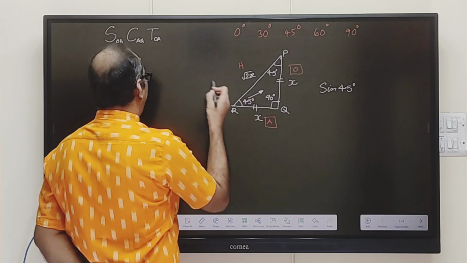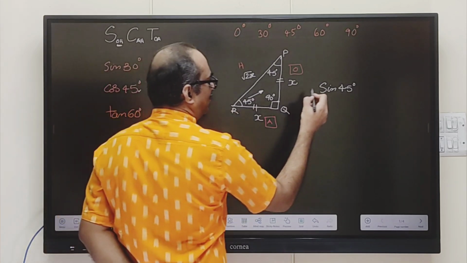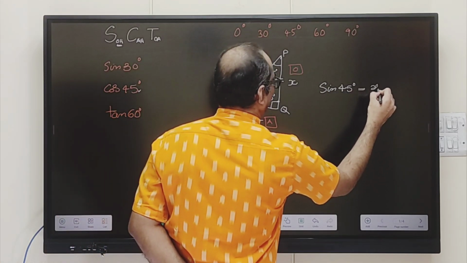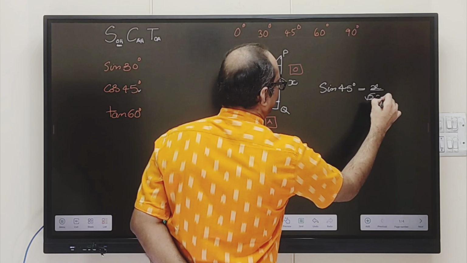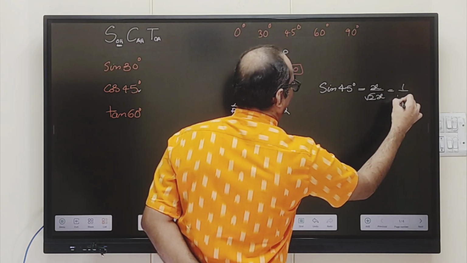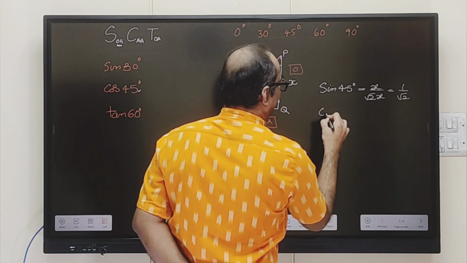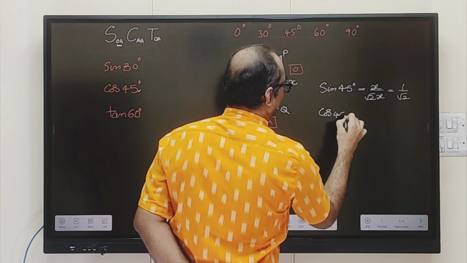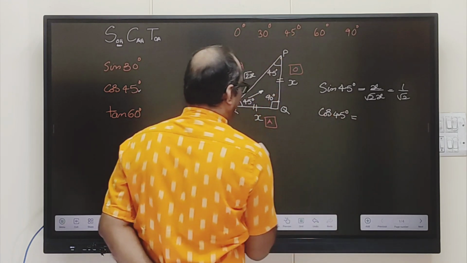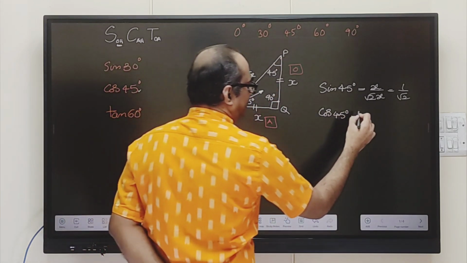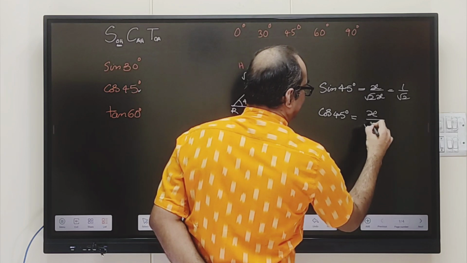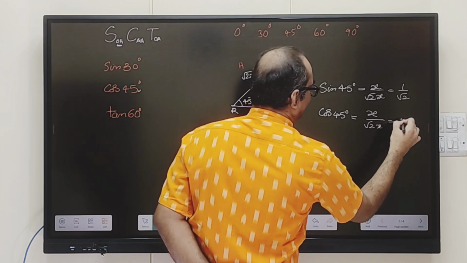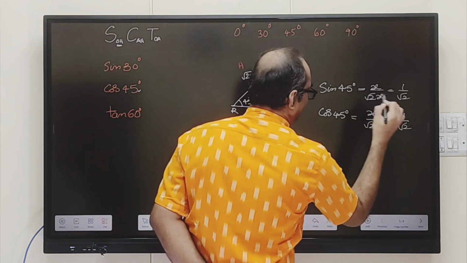So sine 45, SOHCAHTOA, opposite by hypotenuse, is x divided by root 2 x. x and x will cancel, you get 1 by root 2. Similarly, cos 45 is adjacent by hypotenuse, adjacent is x again and the hypotenuse is root 2 x. When you simplify that, again you get 1 by root 2.